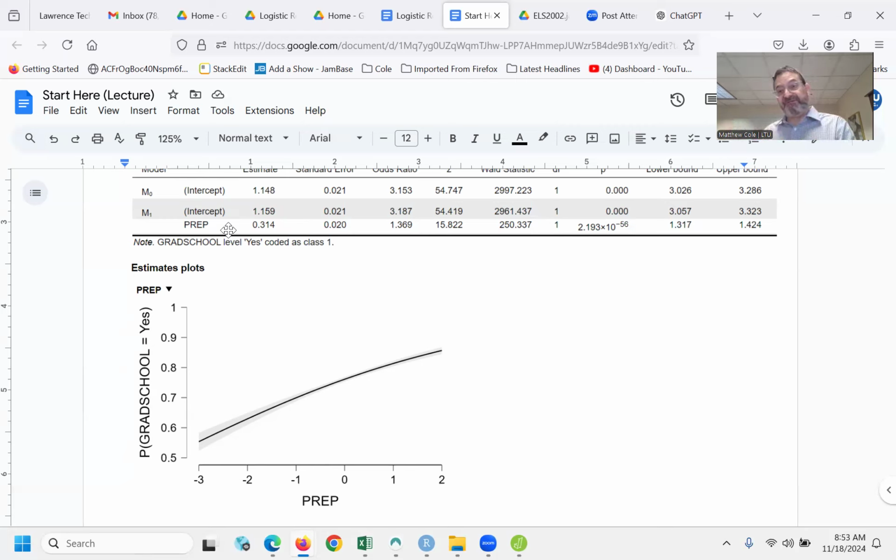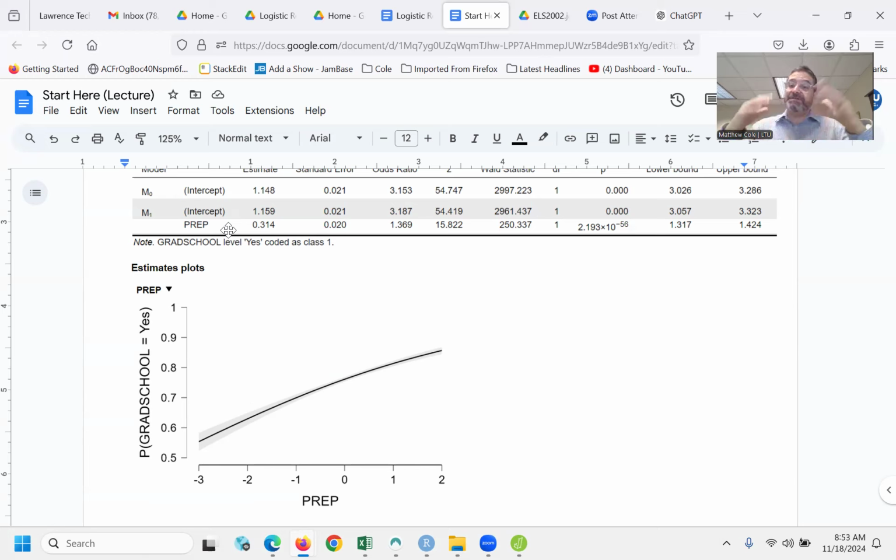When we did sex, it was female was the measured class versus the reference class, which was male. In this case, the odds increase by 1.4 times, or 40% increase.